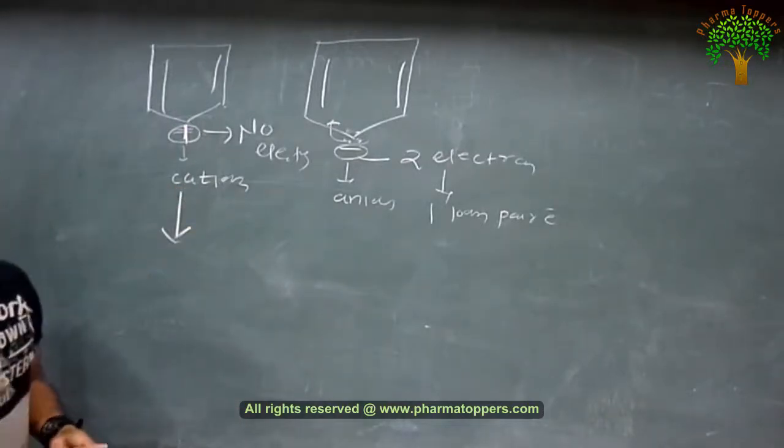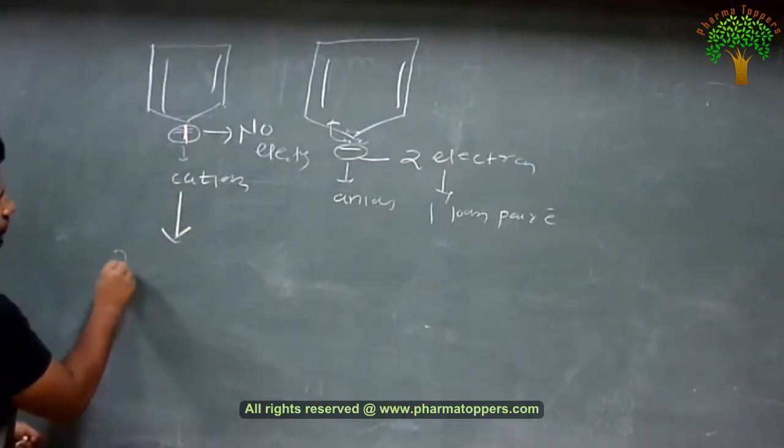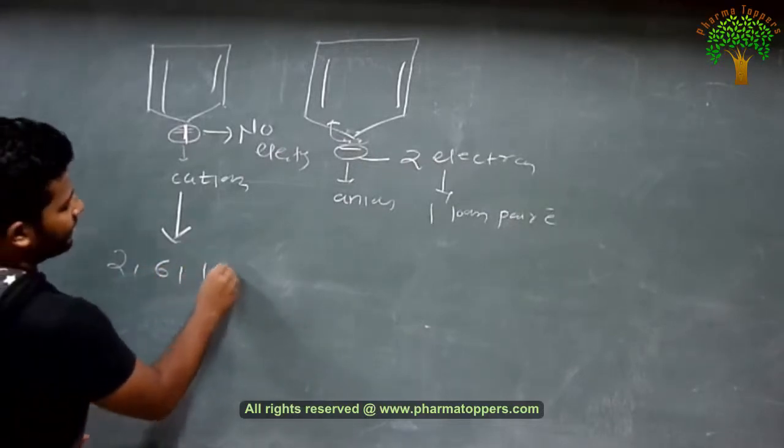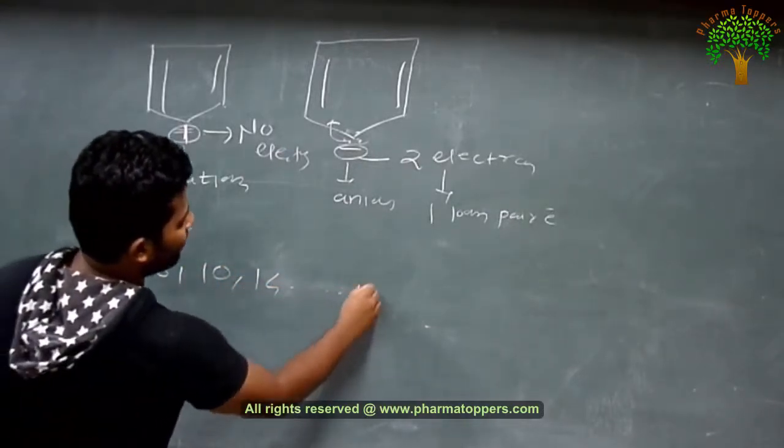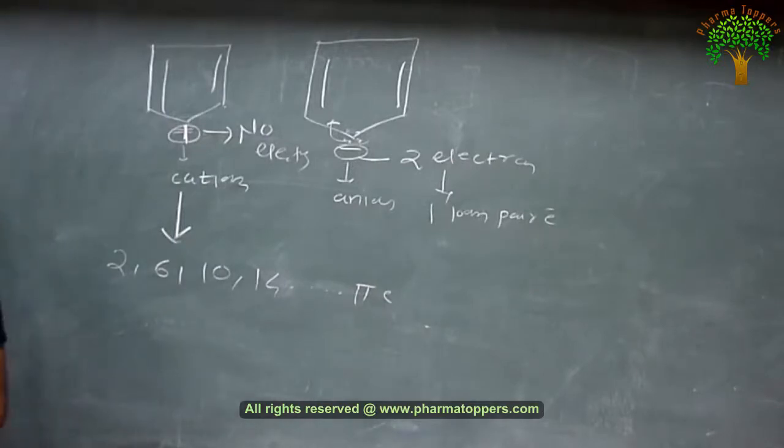If we apply the Huckel rule, Huckel says those rings containing 2, 6, 10 and 14 pi electrons obey the aromaticity rule.